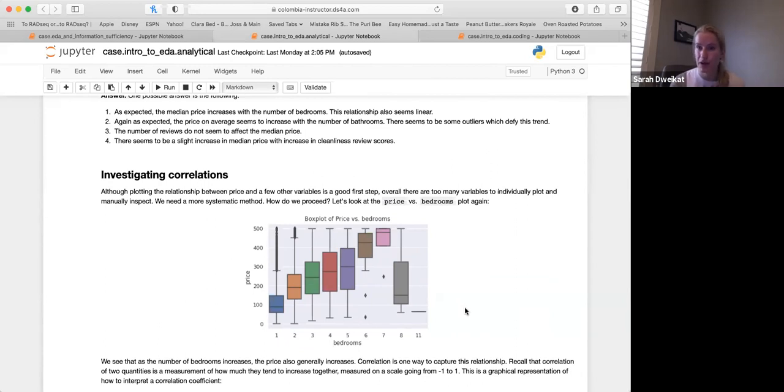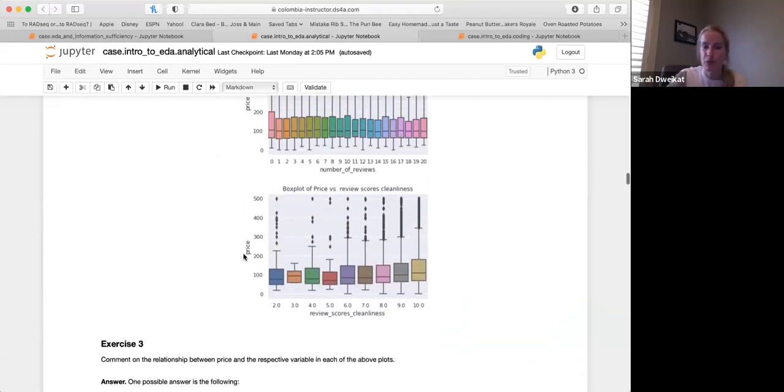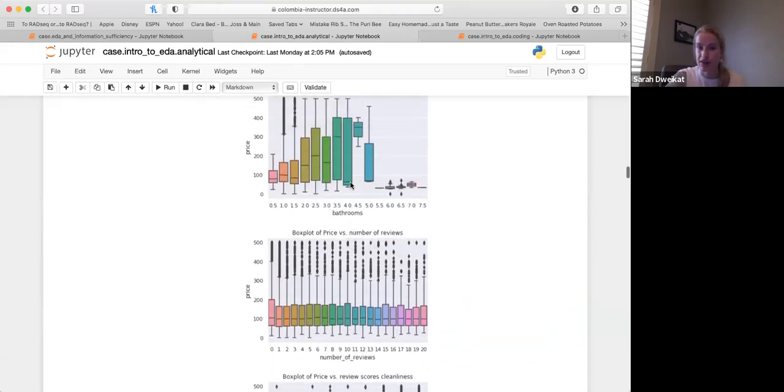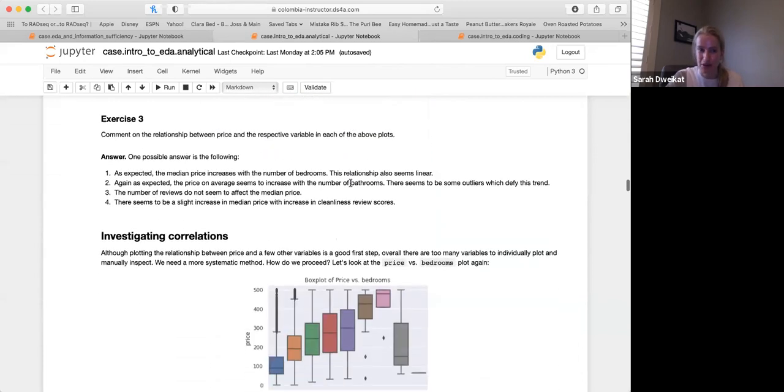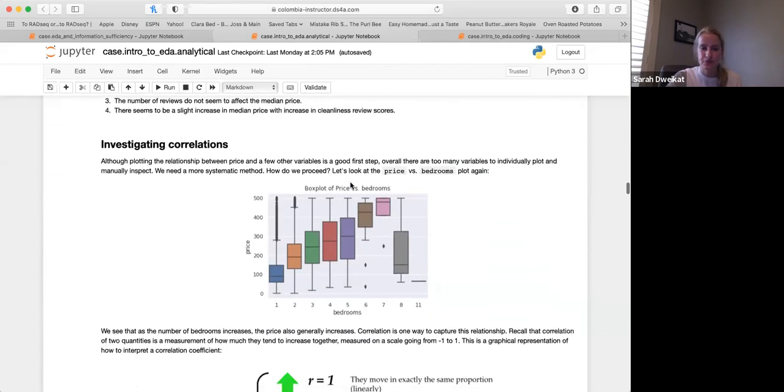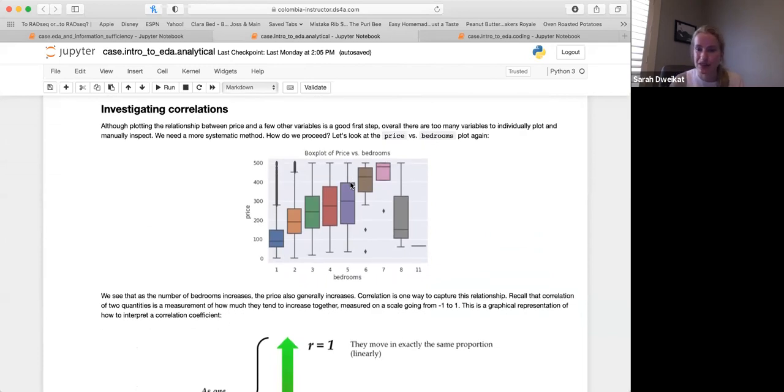So our job is to look at what variables are most related to price. That's why up here we made these box plots of price versus a bunch of other things, because we are most interested in what's related to price, okay? So we're looking at correlations.